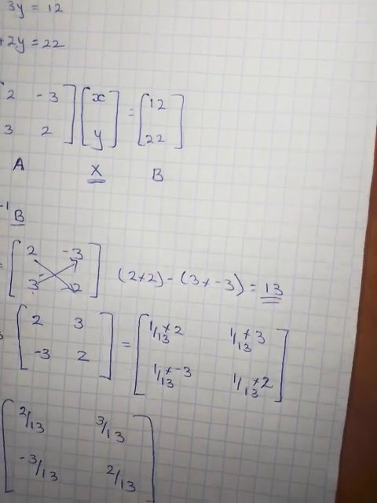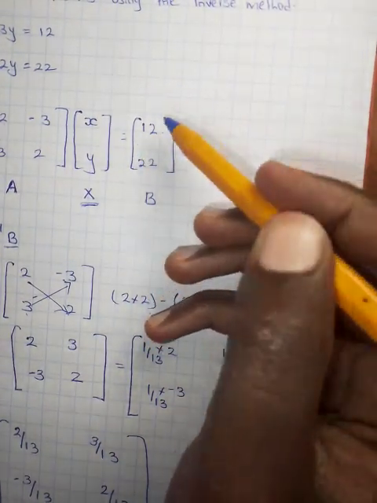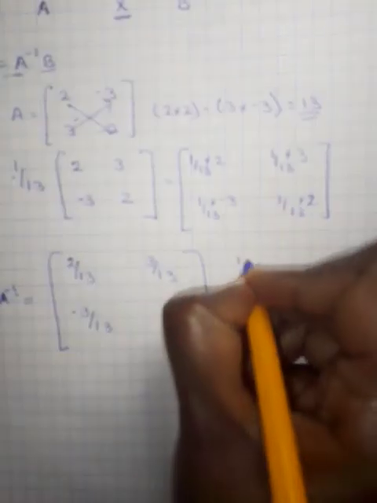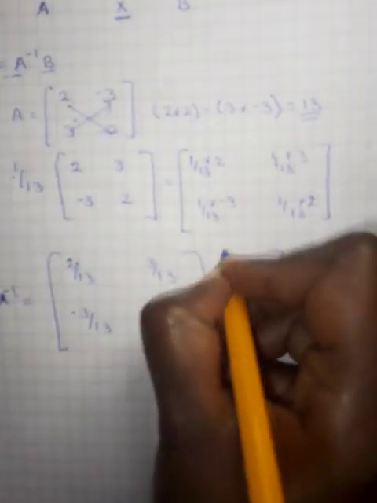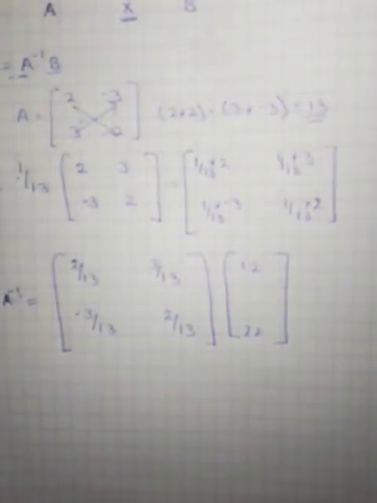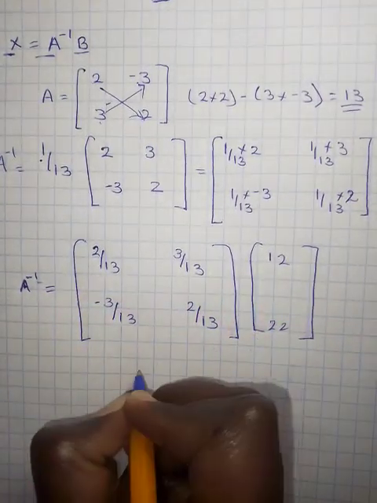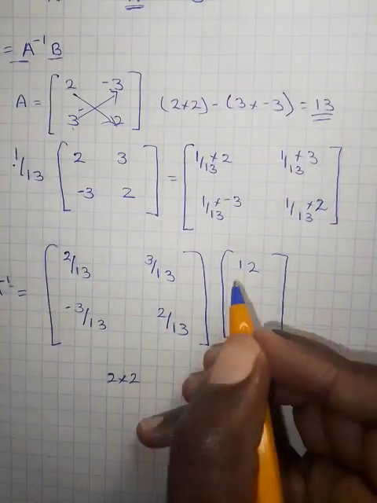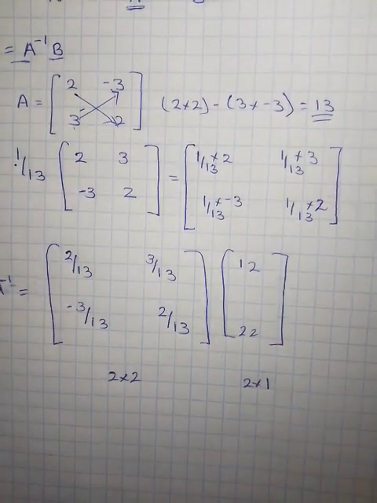What is B? B is the right hand side of the equation, 12, 22. So we write that down, 12, 22. We apply the rules of matrix multiplication. In this case, we have a 2 by 2 matrix and a 2 by 1 matrix.